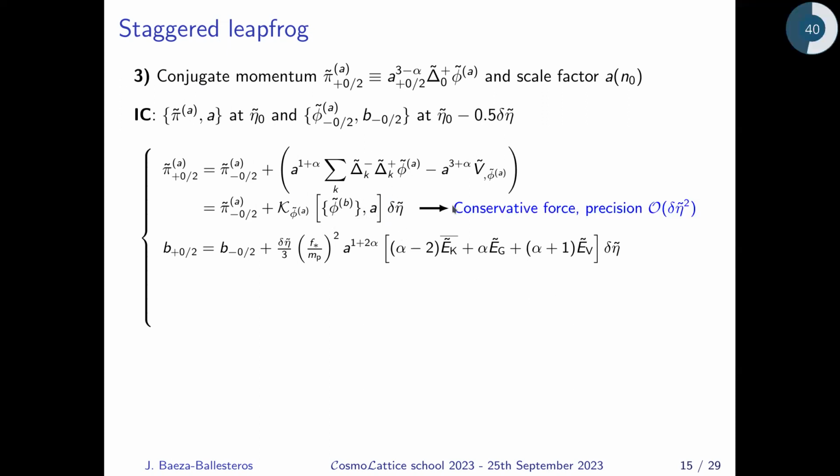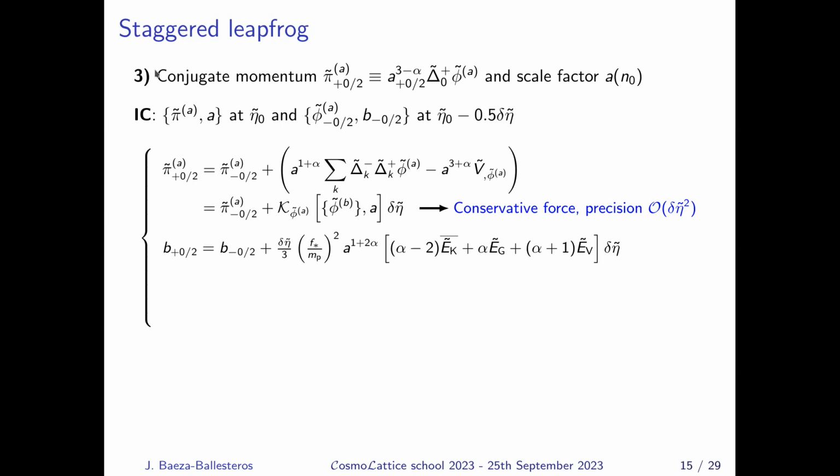And so it means that the system we are solving now has a conservative force. And so we can solve it using this staggered leapfrog properly and get a precision which is of the order of the time step squared.